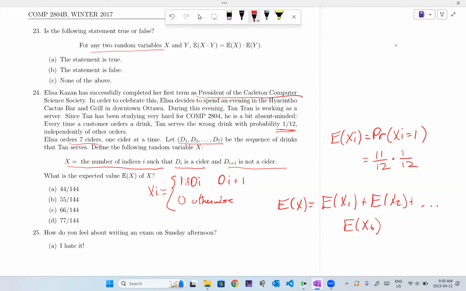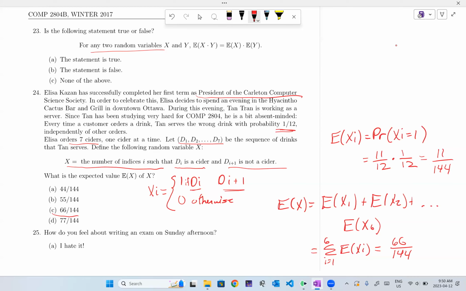Right, so D_i is a cider is this, D_(i+1) is not a cider is this. So that's the probability, which is equal to 11/144. Okay, and then this is the sum from i equals 1 to 6 of E of x_i. So it's essentially 11/144 times 6, or 66/144. So that would be C.